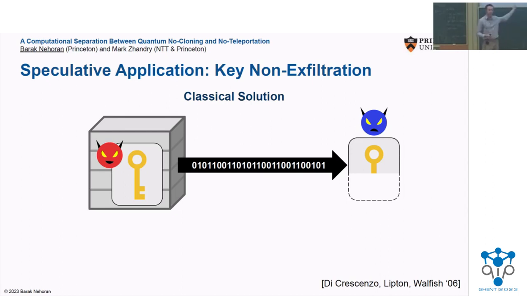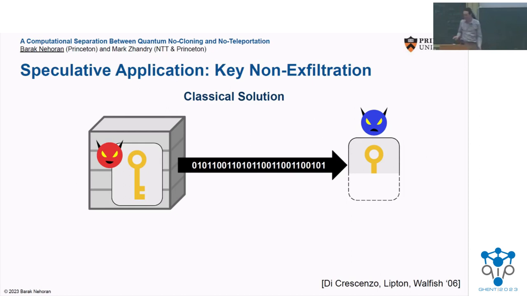It has large bandwidth of communication to the outside world, and so to have a key that can't possibly be exfiltrated, you have to have a really large key that's going to be very difficult to store, and very difficult to do any operations on, because anytime you want to do some operation on the full key, you at least have to read the whole key.